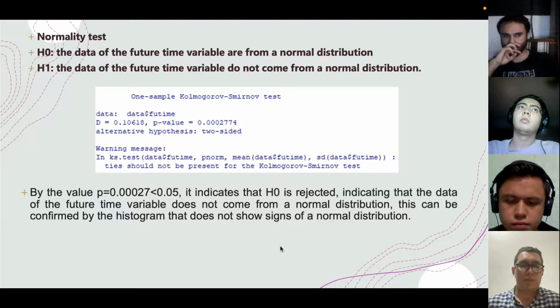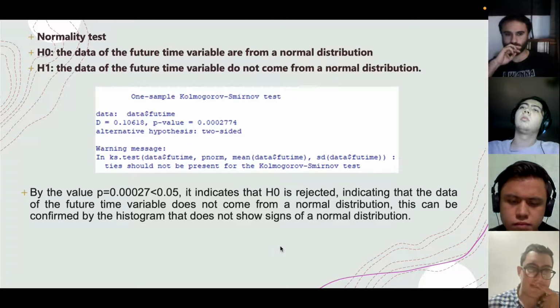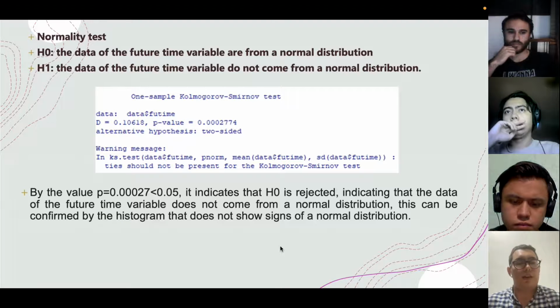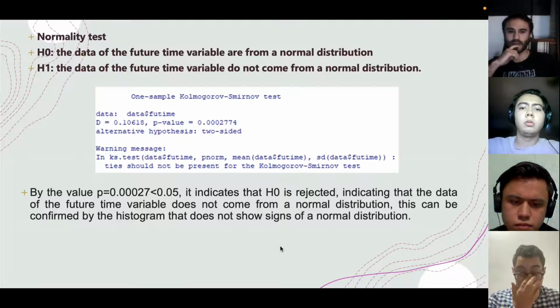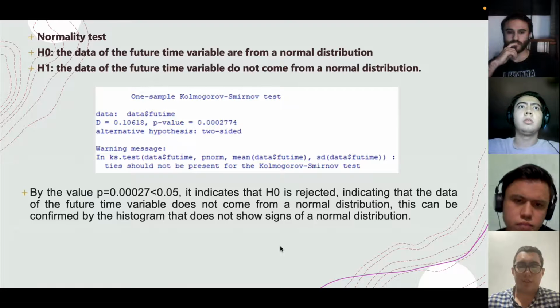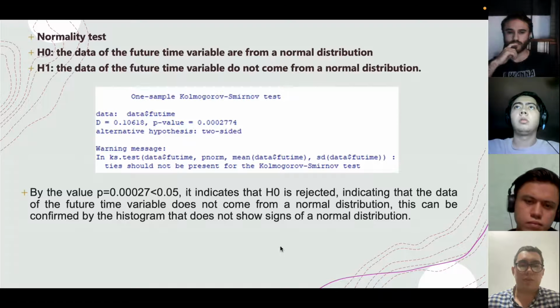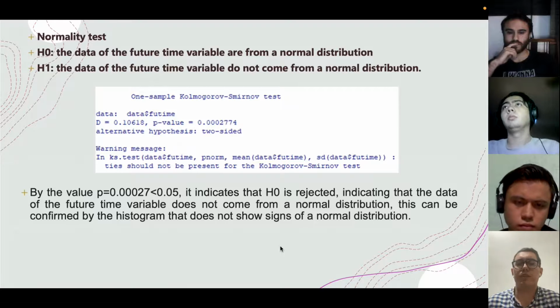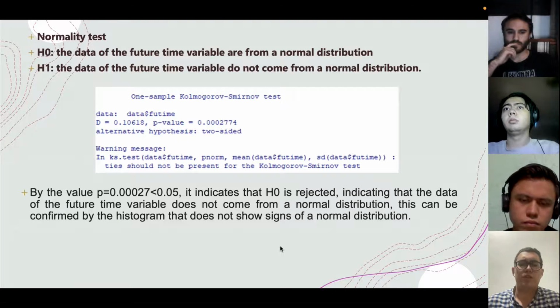In the Kolmogorov-Smirnov test, we have the p-value, and it is less than the alpha value, that is 0.05, and it indicates that the null hypothesis is rejected, indicating that the data of the future time variable doesn't come from a normal distribution. This can be confirmed by the histogram that doesn't show signs of normal distribution.